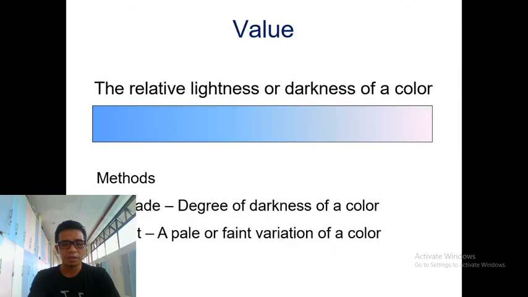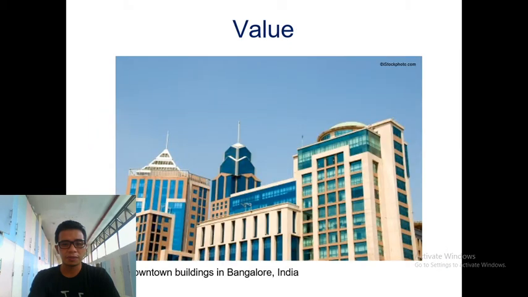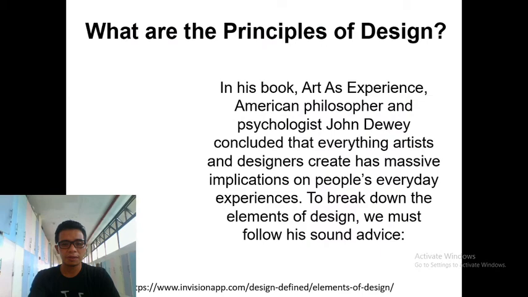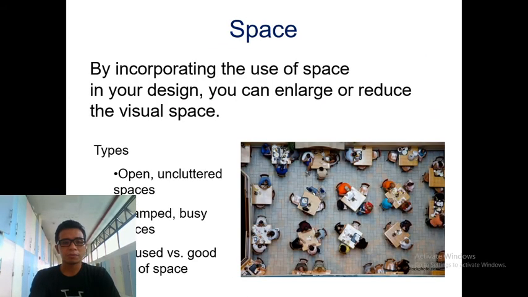Okay. So, yun yung space, no? Yun yung mga examples, yung mga types. Open. Pag sinabi mong open space, yung uncluttered, medyo maliwalas, medyo maluwang, hindi magulo, medyo nakaka-relax rin.